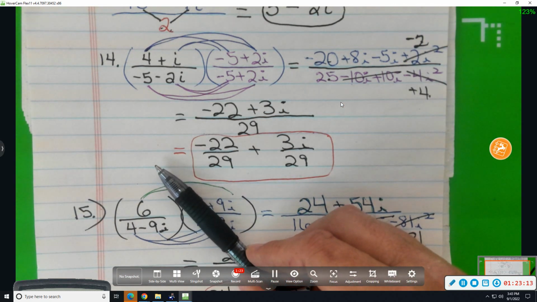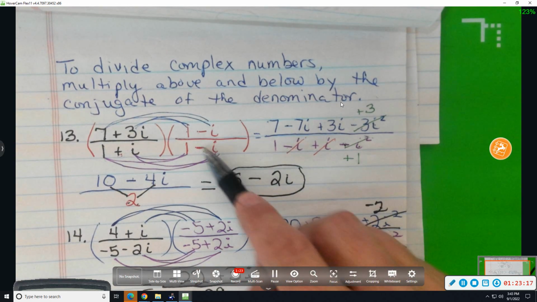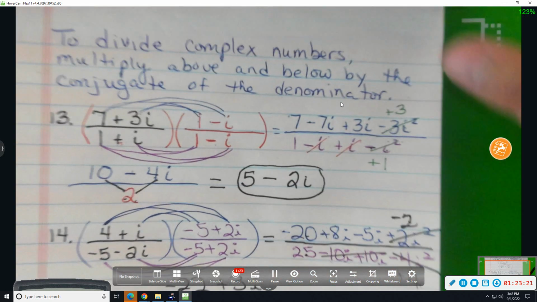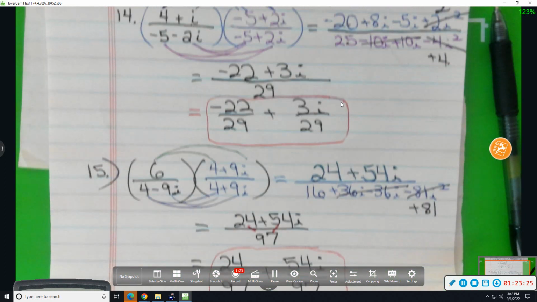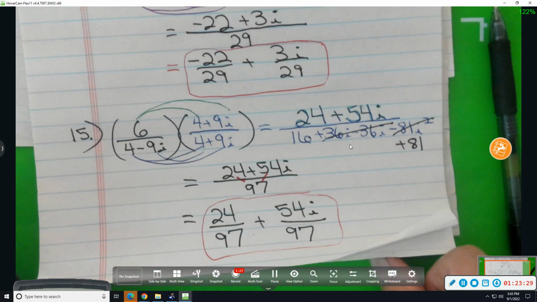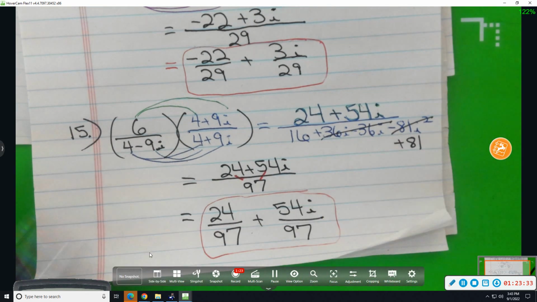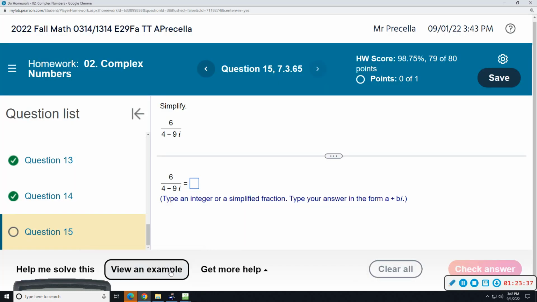You're multiplying the fraction by 1. It's a messy 1, but it's a 1. If you cancel that as a 1, you're going to be back at the same problem, stuck with that i in the denominator.